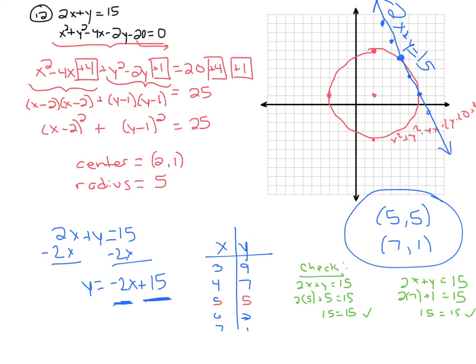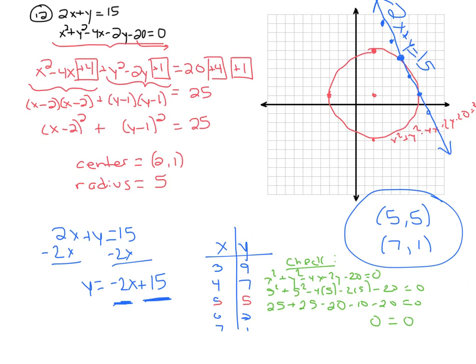Okay, so now let's check the other equation. If I substitute the coordinates 5, 5 into x squared plus y squared minus 4x minus 2y minus 20 equals 0, you can see that when I substitute in the 5 for x and the 5 for y, I do wind up getting 0 equals 0.